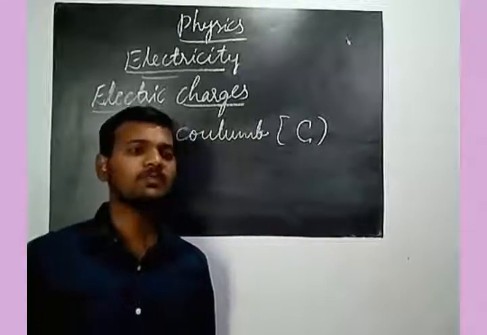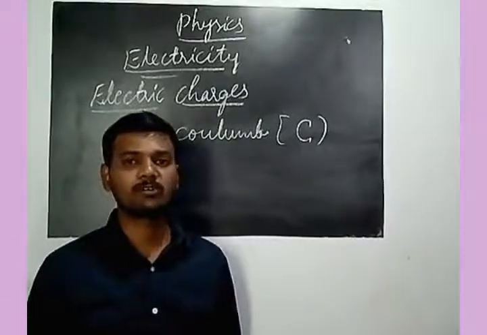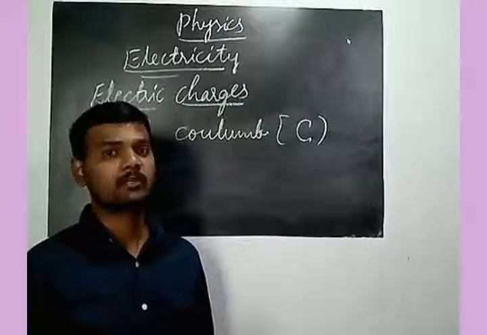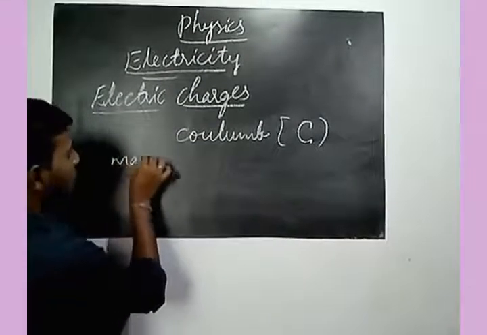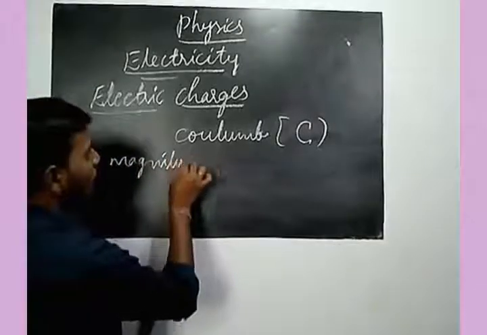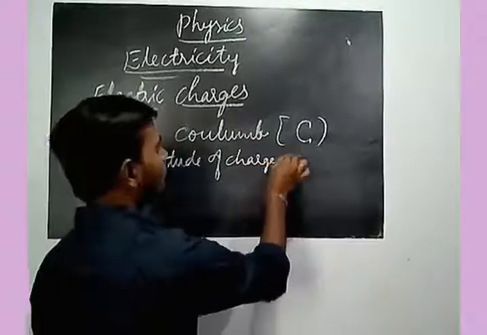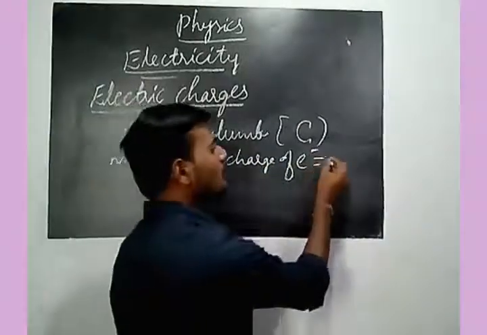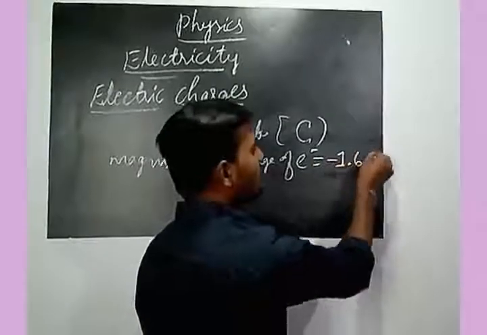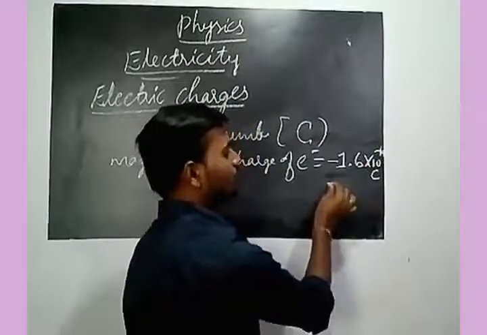Let us know the magnitude of charge of an electron. The magnitude of charge of an electron is minus 1.6 into 10 to the power minus 19 coulomb.